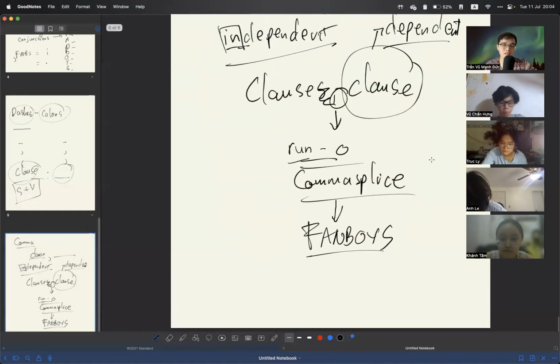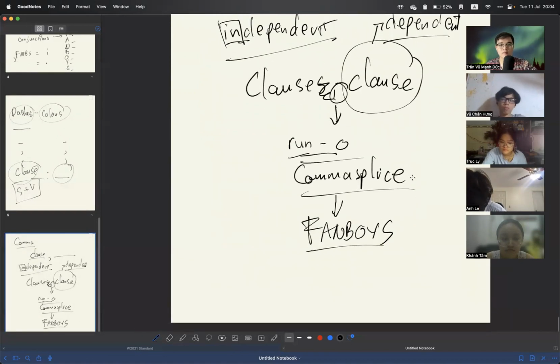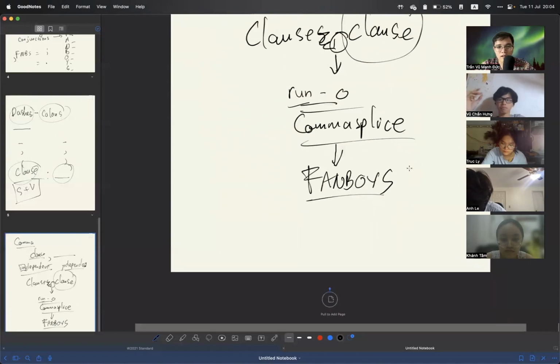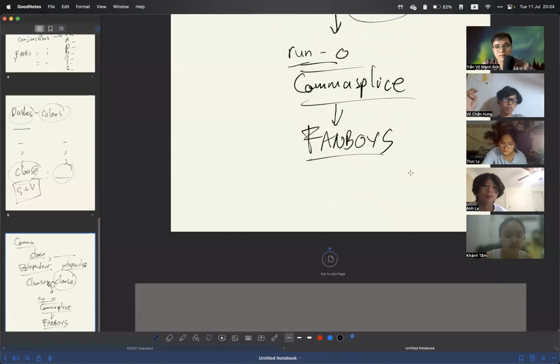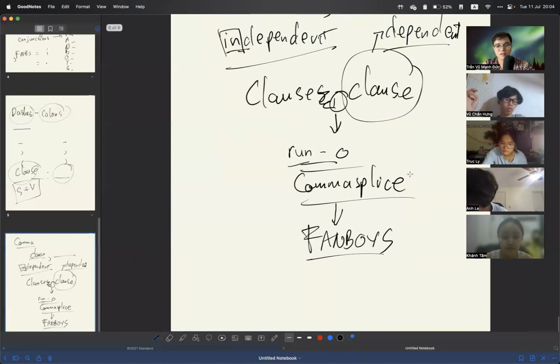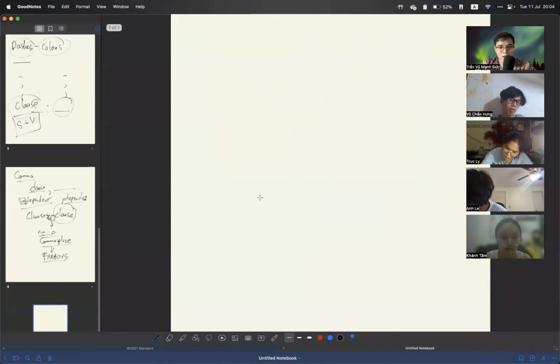How can you turn a clause into a dependent clause? For example, wait a sec. Hang on a sec. Forget about it. I'm just gonna use my mouse.